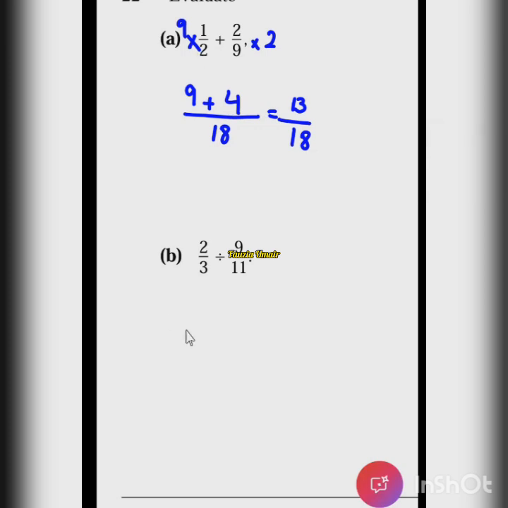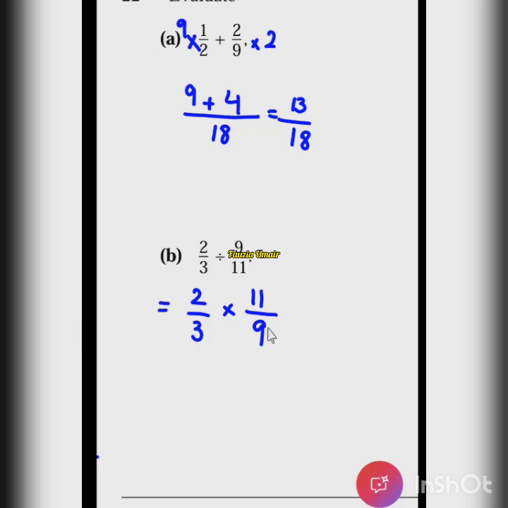Part B is when there is a division between the 2 fractions. Can anyone tell me how to divide fractions? What is the rule? Shahir? We need to get the reciprocal of the second fraction. Very good. We take the reciprocal of the second fraction, and the division will be changed into multiplication.